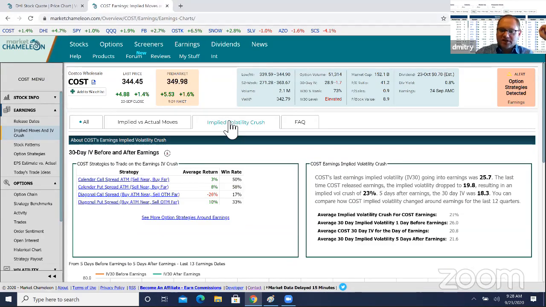Let's take a look at the implied volatility crush. This is looking at what the implied volatility tended to do after reporting earnings, using a 30-day constant maturity. Keep in mind, if you're playing the move, you're using the near-term options, because that's mostly gamma. As you go out further, your vega goes up more.